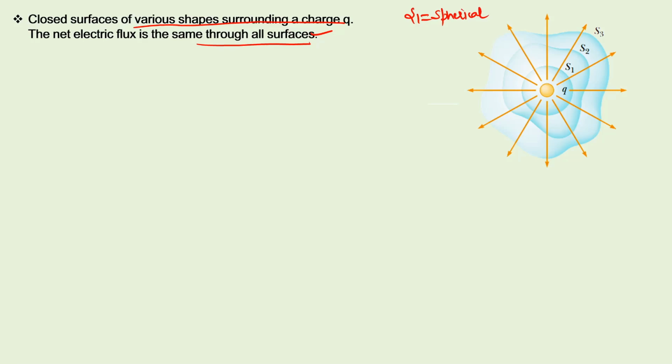From this expression we say that the net electric flux is constant through the surface S1 and is also constant through S2 and S3. So we conclude that the net flux through S1 is equal to the net flux through S2 is equal to the net flux through S3. So it is independent of the shape.